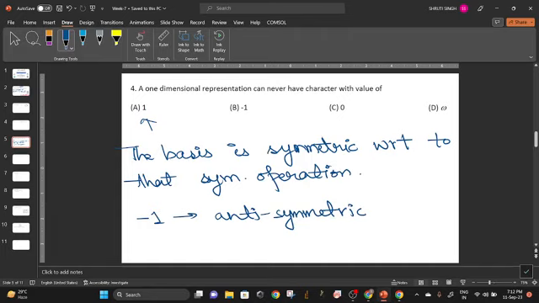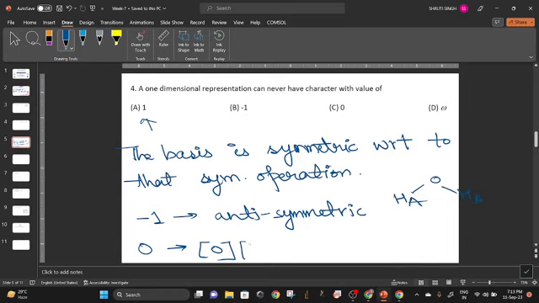If the character is 0, it means what? Suppose this is a matrix, it is one-dimensional, so it has only one element, and I have some basis, let's take a hydrogen atom of a water molecule.